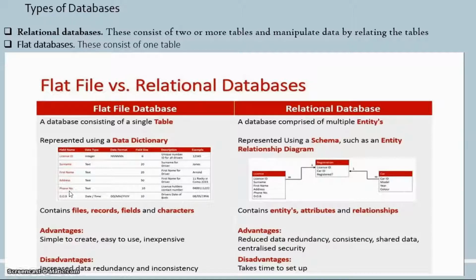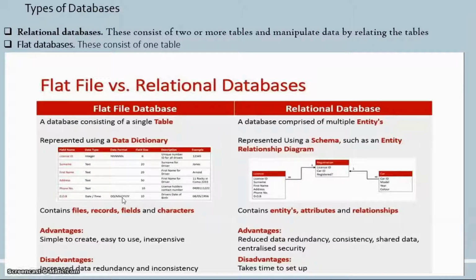Okay, and then here we find files, records, fields, and characters, but here we find entities, attributes, and relationships. The attributes are the characteristics of the entities. You already know what an entity is. Like I said, within a school, you can find different entities like a student, a teacher, the non-teaching staff. All those are entities of a school.